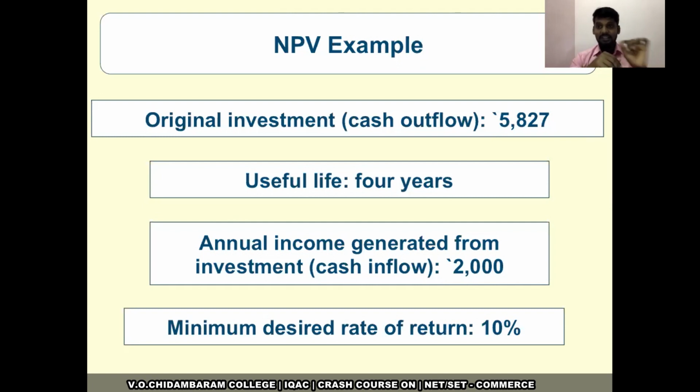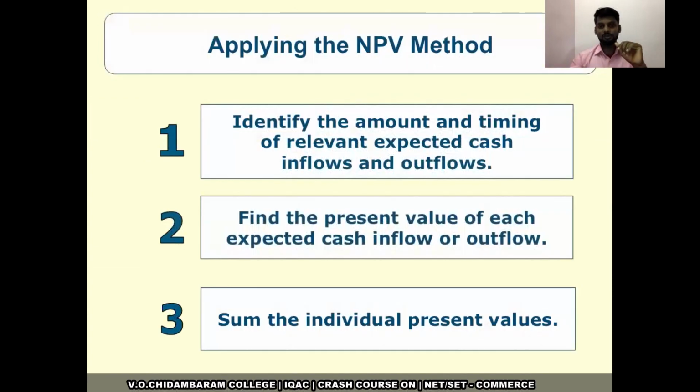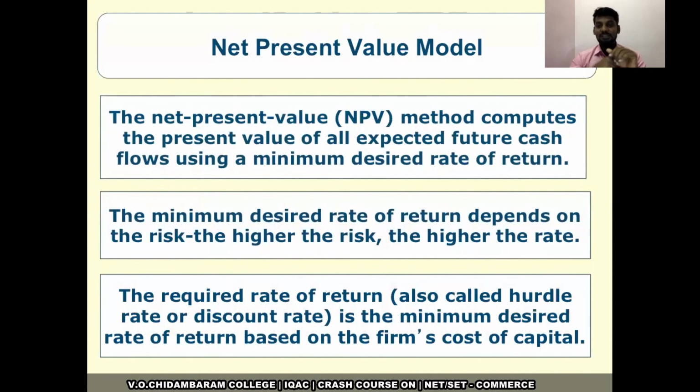The minimum desired rate of return is what is given here. It is the expected rate of return, simple as that. If I invest this much money, I expect at least 10% to come back. If I invest 100 rupees, at least I want 10 rupees as a return.